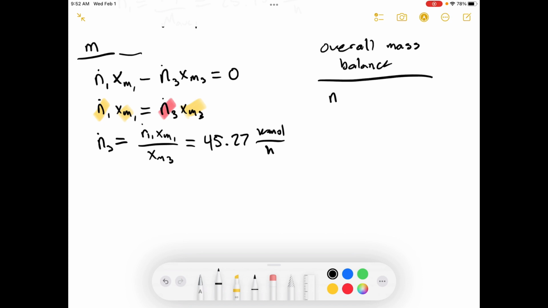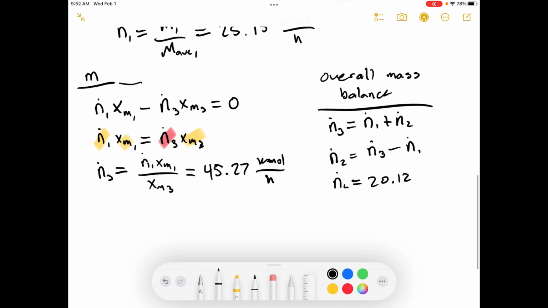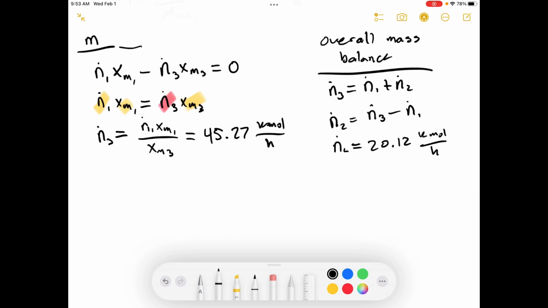So we've got N3 should equal N1 plus N2. Okay, so N2 equals N3 minus N1, and that equals 20.12 kilomoles per hour. That is the answer, one of the answers that we're looking for.